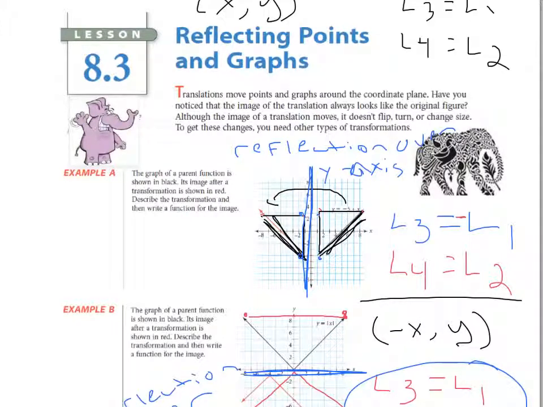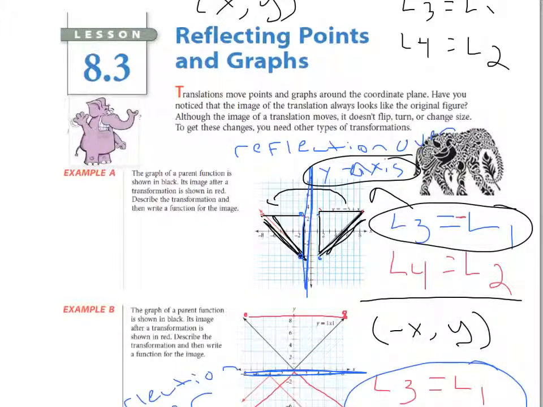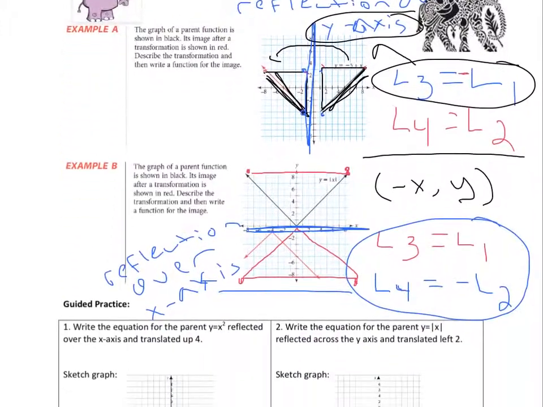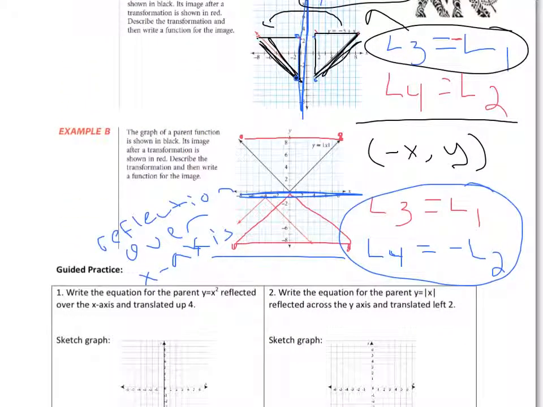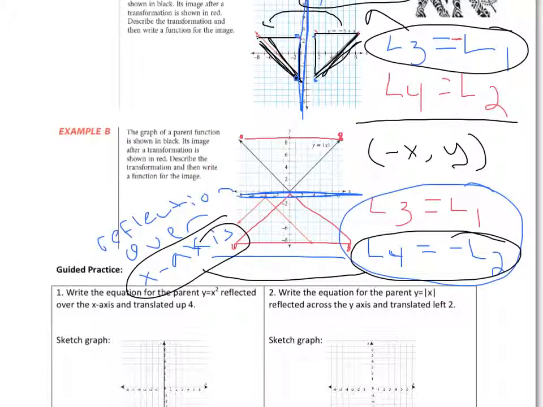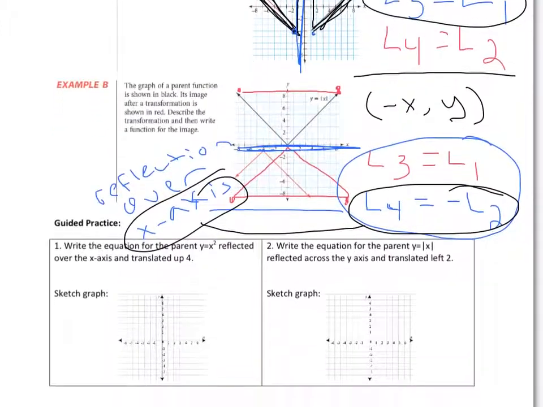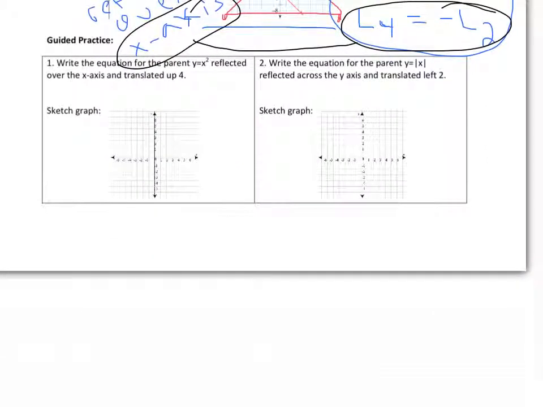So when we change the sign of the x values, it flips over the y-axis. When we change the sign of the y values, it flips over the x-axis. So it's the opposite of what you would think. Let's flip down here.